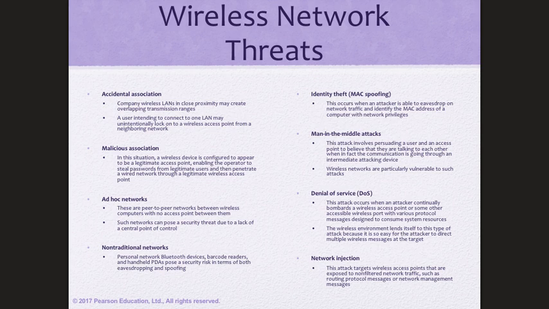So you associate with a malicious access point, right? That one is called malicious association. Now, one of the ways to hack users is, if I want to do that, for example, here, I will come in the middle of the night when nobody sees me, remove this access point, and install mine that looks exactly the same visually, and from a network ID point of view will look the same to you.